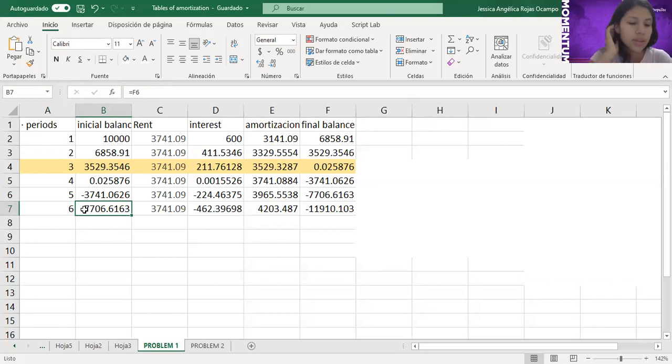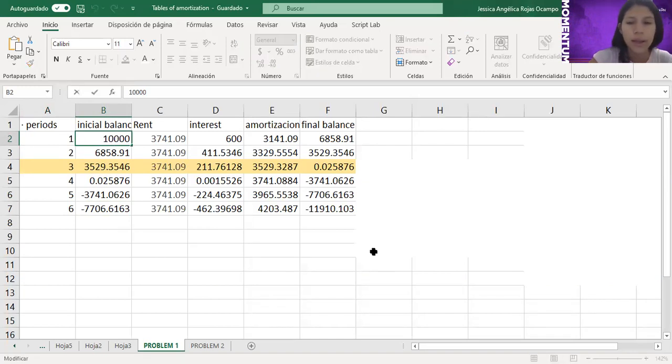First, we have to define the periods, which is the 3 years that the problem says, multiplied by 2, that gives 6. The initial balance, the first square, is 10,000.